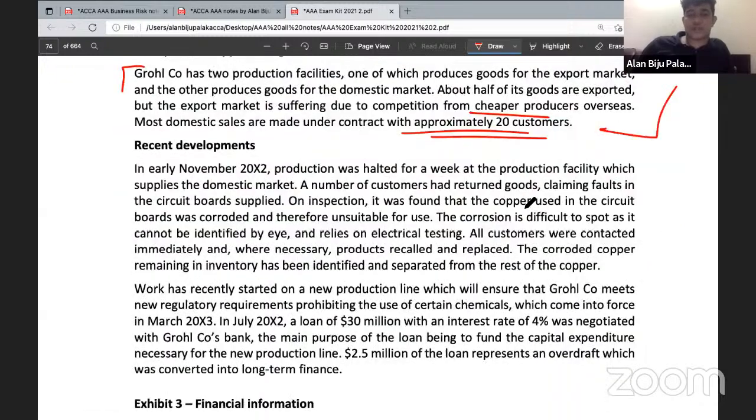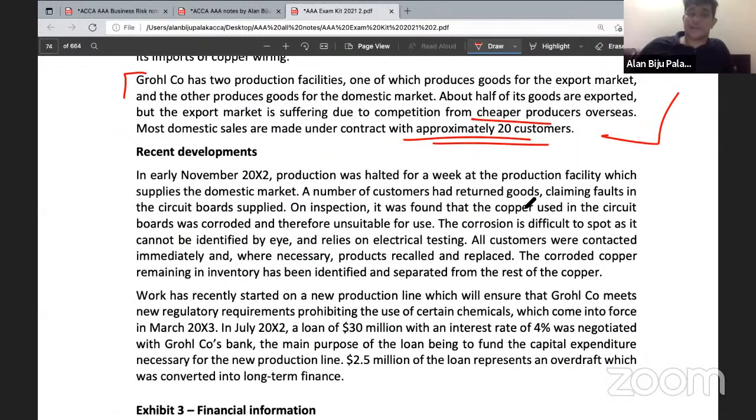Then let's move on to the second phase about the recent developments. In early November 2012, production was halted for a week at the production facility, which supplies the domestic market. A number of customers had returned goods, claiming fault in the circuit board supply.